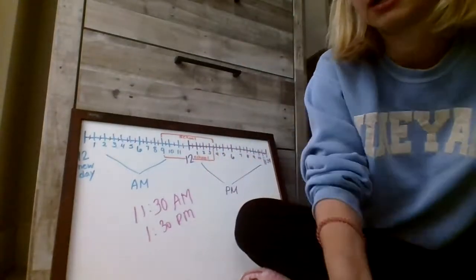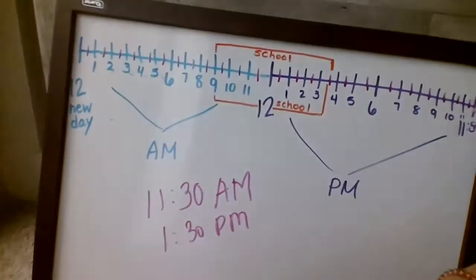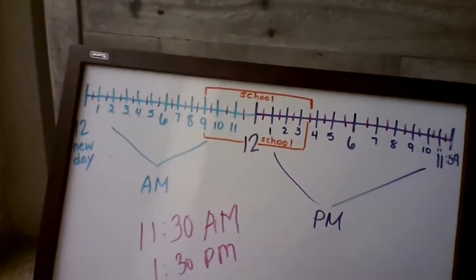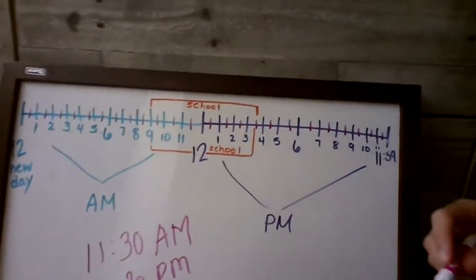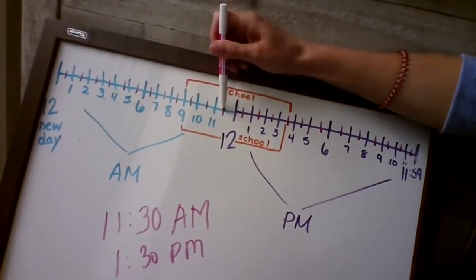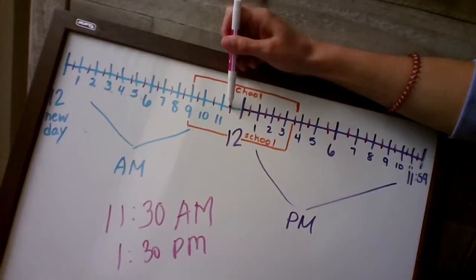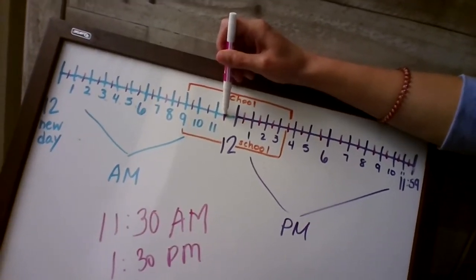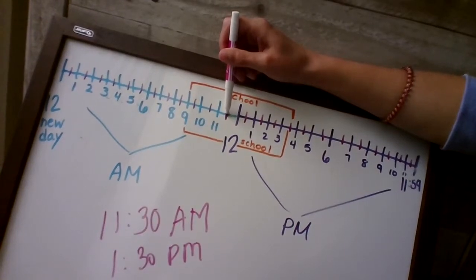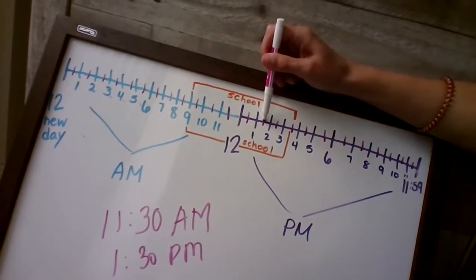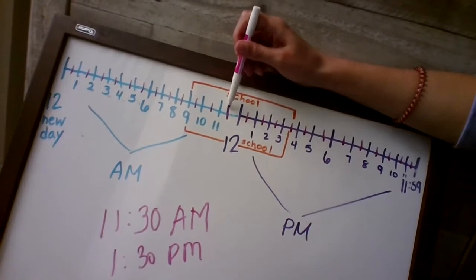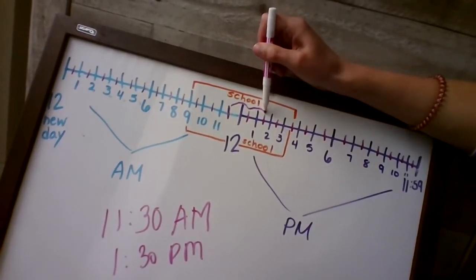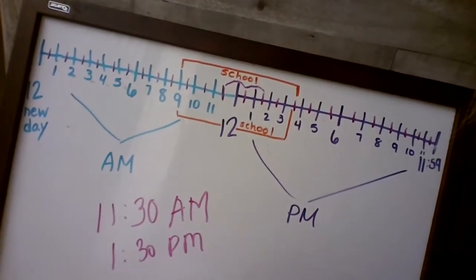Let's check on our number line. If we started at 11:30, look, here's 11, here's 11:30, here's 12. 11:30 a.m. and we needed to go to 1:30 p.m. Here is 1 hour. Here is another hour. Do you see that?